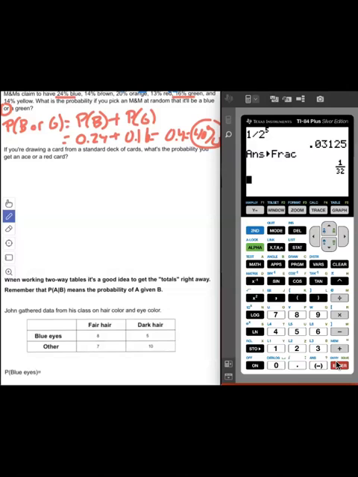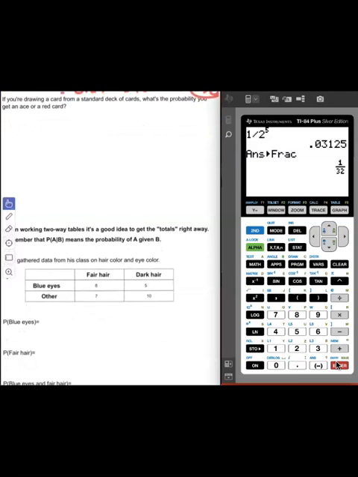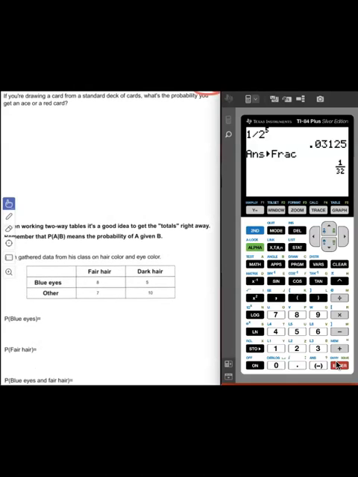Okay, or means add. If you're drawing a card from a standard deck of cards, what is the probability that you get an ace or a red? So these or problems can get a little more complicated than what I just talked about. The probability that we get ace or red is the probability that we get an ace plus the probability that we get a red, but there are some red aces.